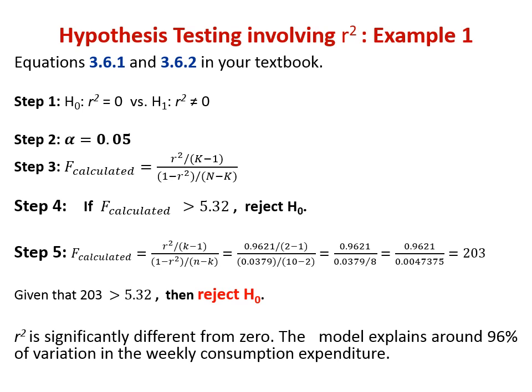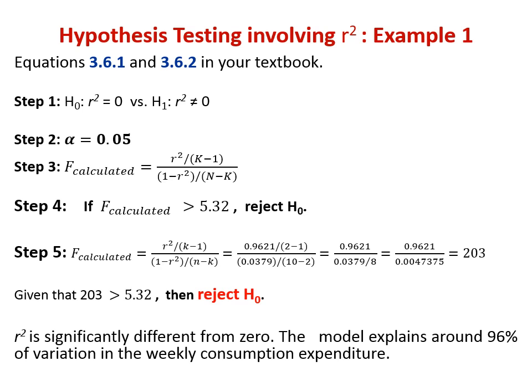In the second step, we determine the level of significance to be 5%. In the third step, we determine the test statistic to be F, as we mentioned earlier in the current presentation. It is computed according to the attached formula. In the fourth step, we have to decide when to reject the null hypothesis.